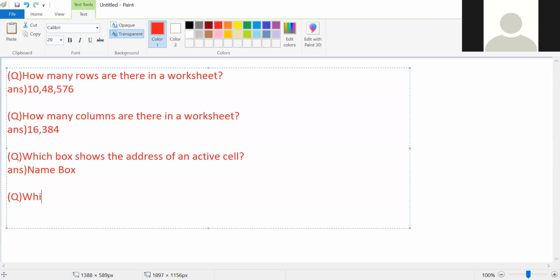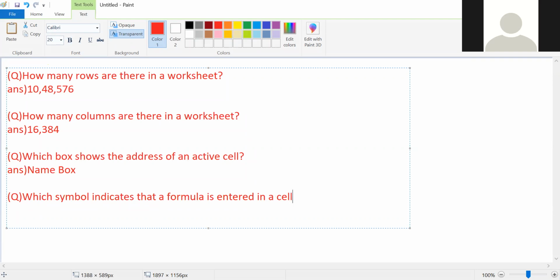Next question, everyone. Which symbol indicates that a formula is entered in a cell?